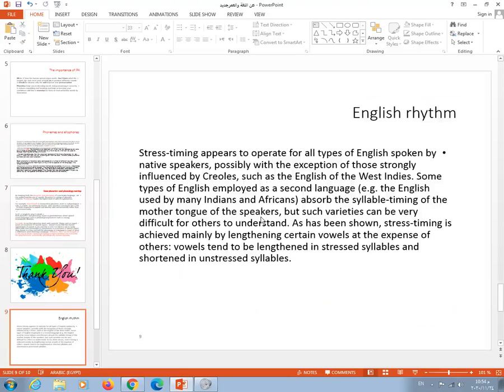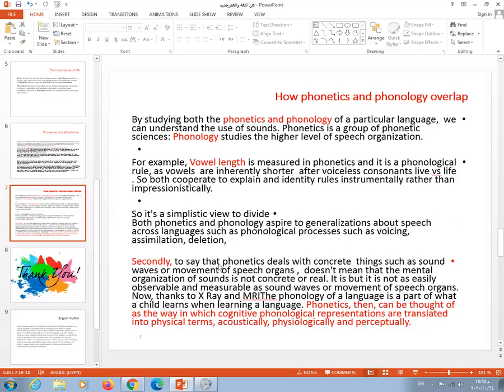Let's go back to this. Let's take this example, vowel length. This is measured in phonetics in milliseconds, and in phonology, this is a rule. We say that voiceless consonants shorten the preceding vowel, and voiced consonants prolong the preceding vowel. This is a phonological rule.